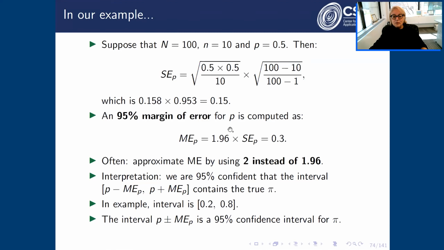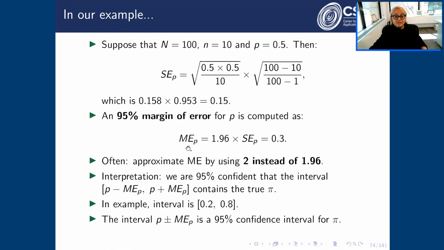I use 1.96 here because I'm computing a precise margin of error. Oftentimes, including myself, we will use 2 instead of 1.96 and obtain an approximate margin of error. It's pretty darn close.